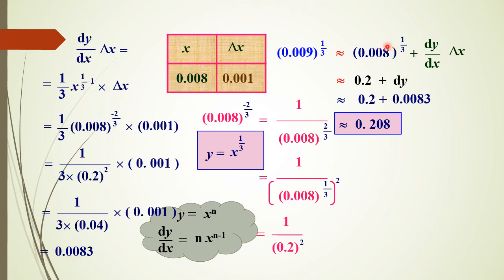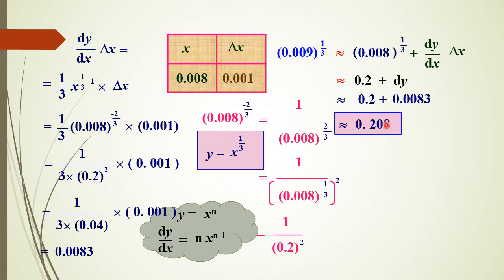Put it over here in the standard form. Already we have substituted the cube root of x as 0.008 whole raised to 1 by 3, plus its value. 0.2 whole raised to 3 in the sense is 0.008, and the 3 and 3 get cancelled, so you'll be getting only 0.2, plus the dy by dx into delta x value, which is this much.